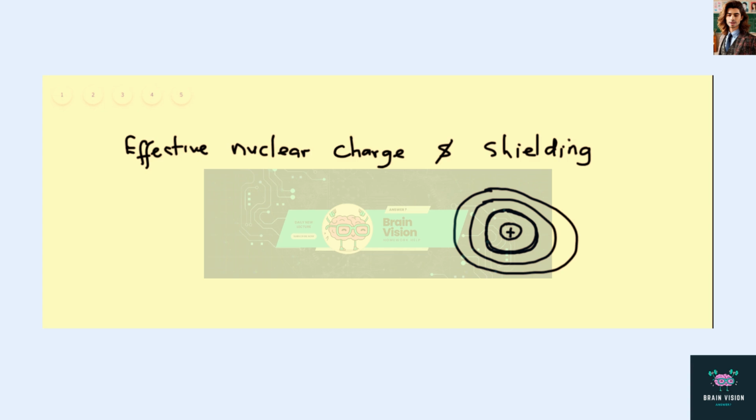So this concept where the nuclear charge is reduced because of the effect of electrons in the first shell, or a particular shell, is called shielding, and that is what shielding is.